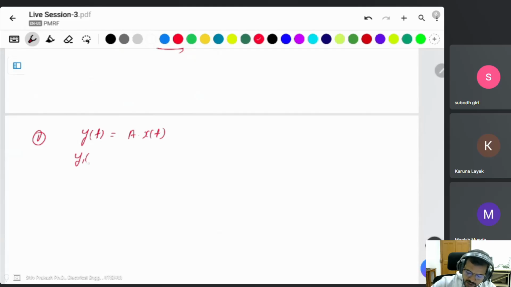Take a two system like y1(t) equal to a x1(t). Same thing, take y2(t) equal to a x2(t). Then y3.